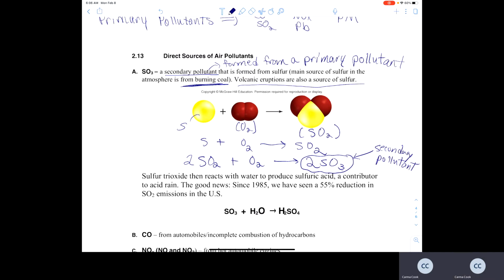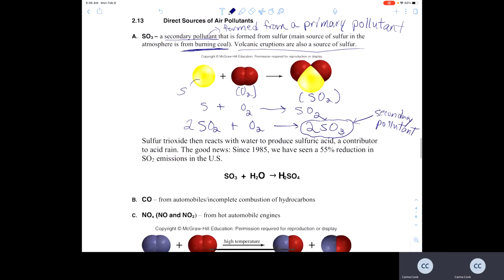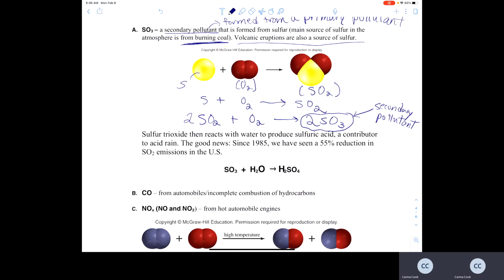Now, sulfur trioxide, not only is it an air pollutant, but it can cause other problems. It can then go on to react with water in the atmosphere to produce an acid called sulfuric acid, which is bad because it contributes to acid rain. But since 1985, there has been a 55% reduction in SO2 emissions in the United States.